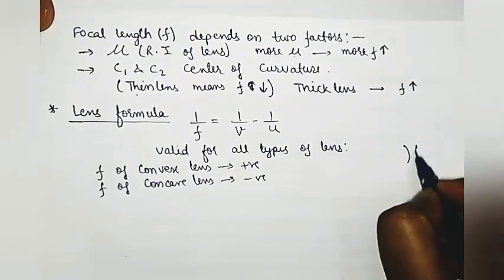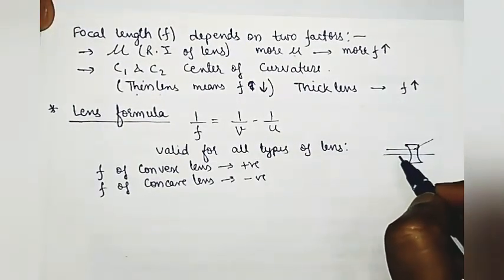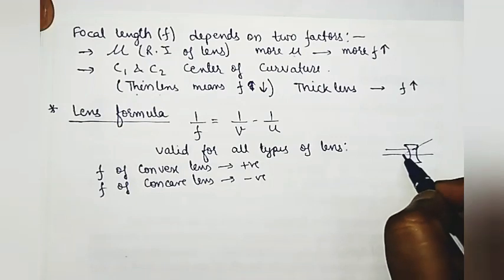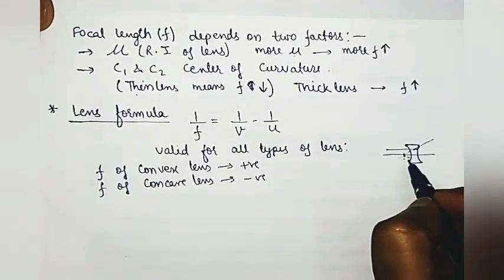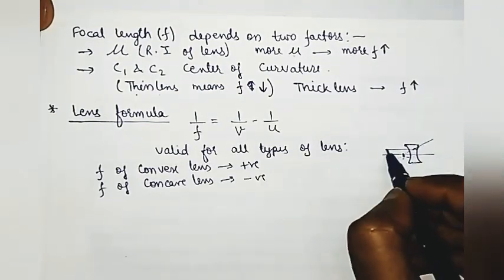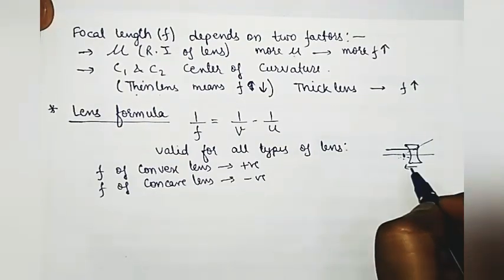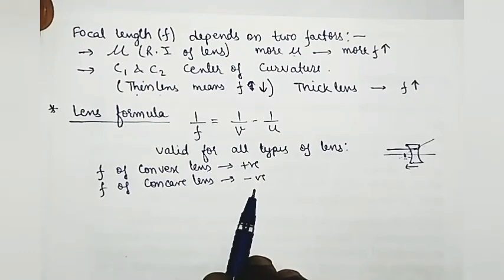I am just showing you in a short diagram that when parallel rays are there, the first focus is found in the backward direction of the diverged rays. So it is on the same side, and also it is opposite to the direction of the incident ray. The incident ray is in this direction and the focus is in the opposite direction, so the focal length will be taken as negative according to the second rule.